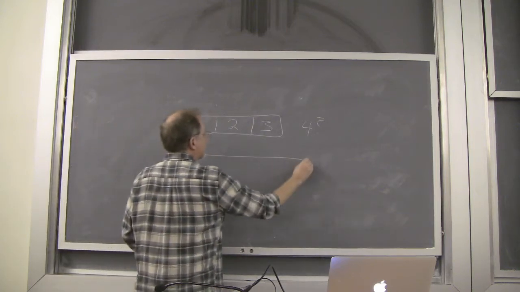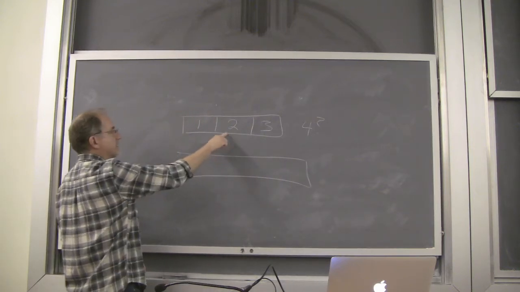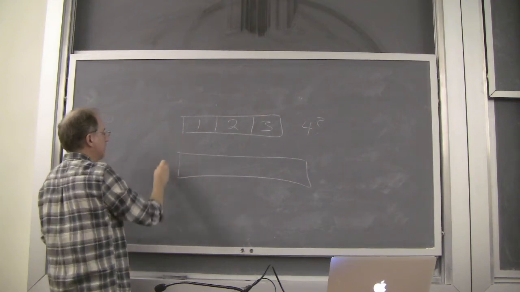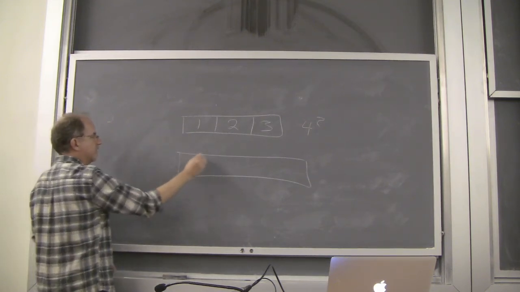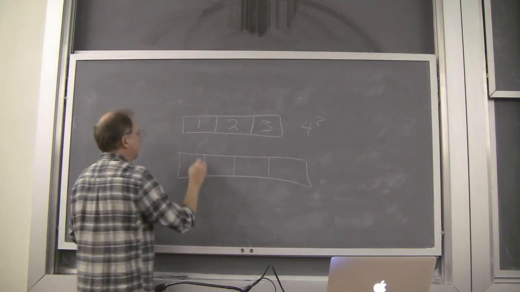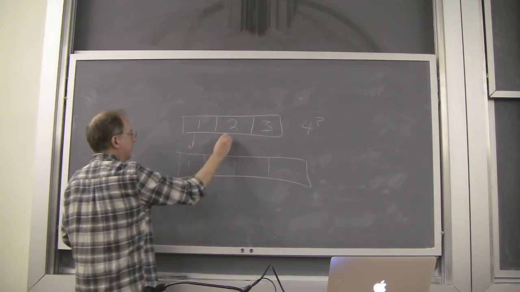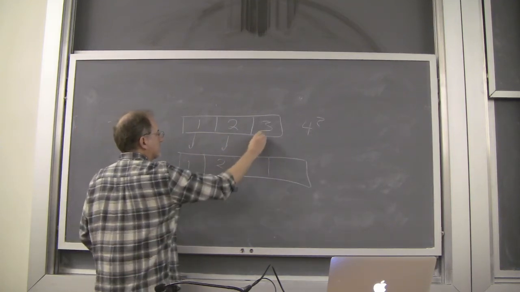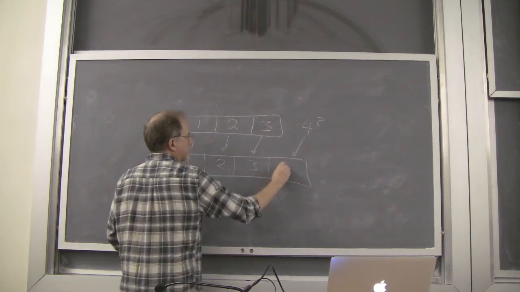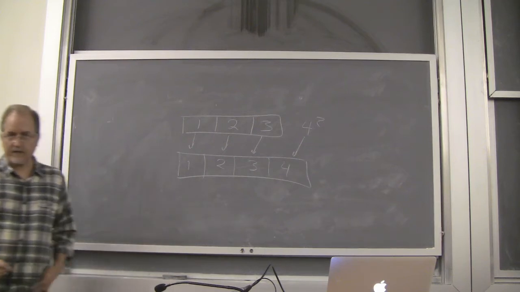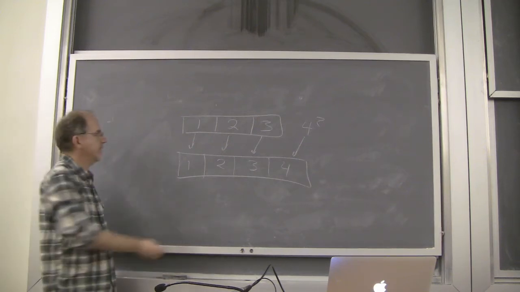I know how long this array is, right? You can ask its length. It's 3. So I'm going to generate a new array of this length plus 1 and get 4 spots. And then I copy down these values. And then I have room for this 4th one to go in there, right? And then I want to add another one and I do that process again.